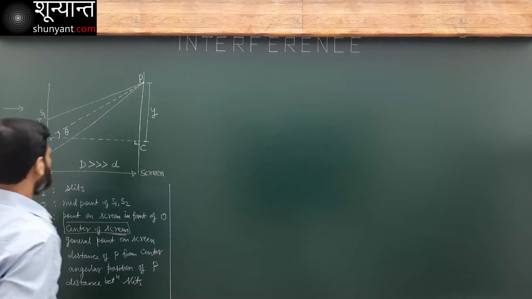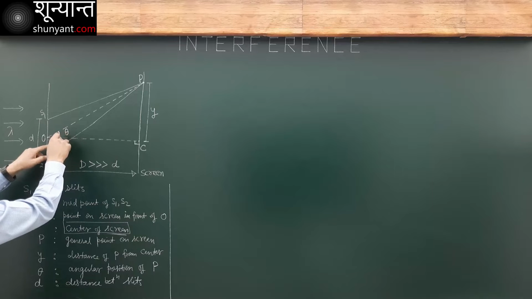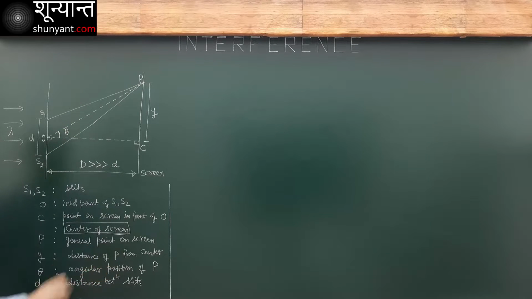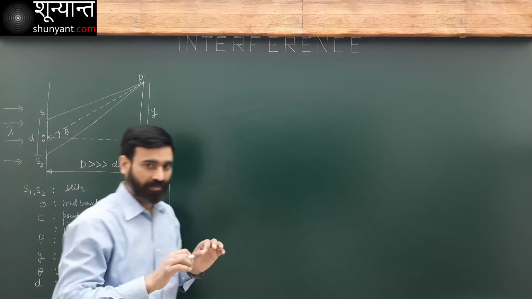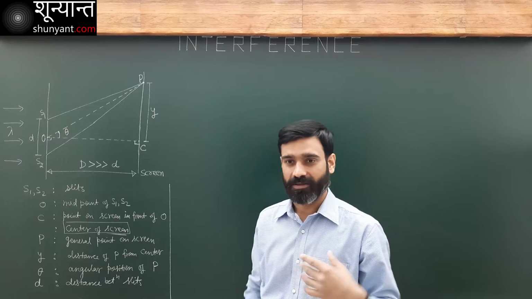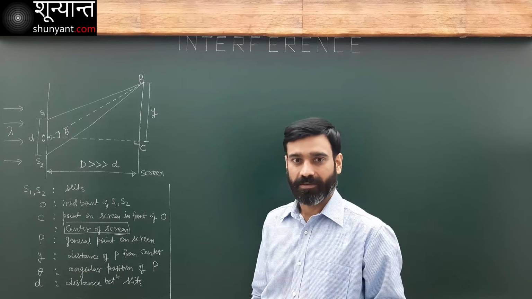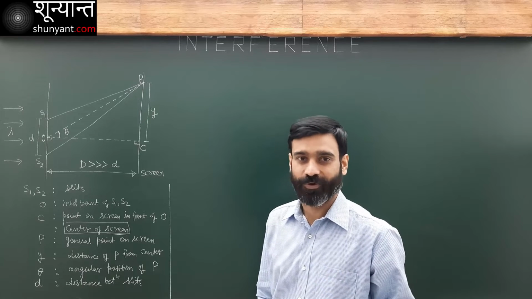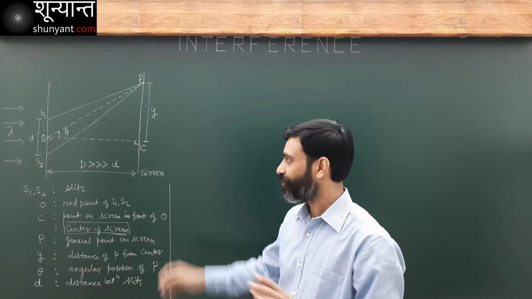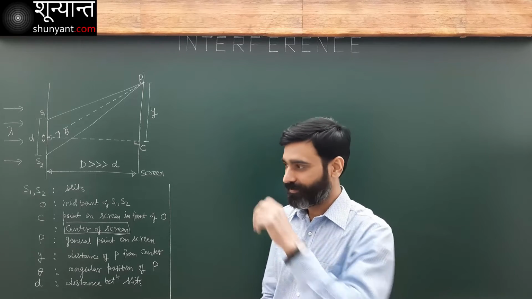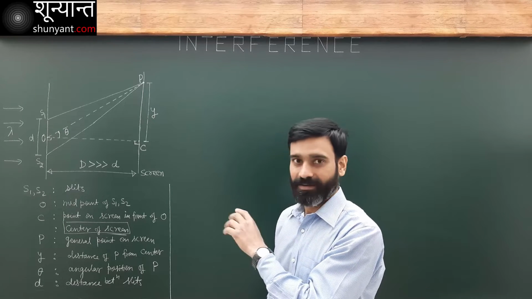And this angle theta is known as the angular position of P. This is my setup, a description of the setup and different parameters. Keep this in mind. You draw the diagram yourself, do not only look at this figure here. You draw it, and then let's start.